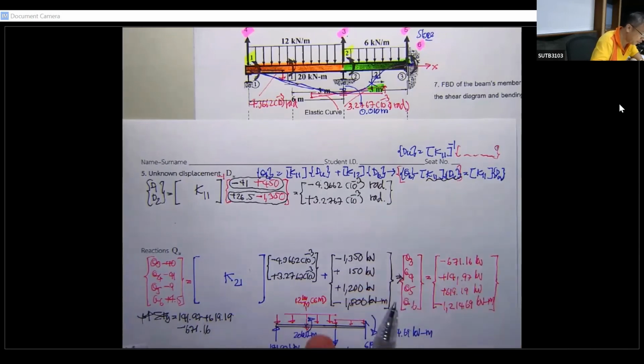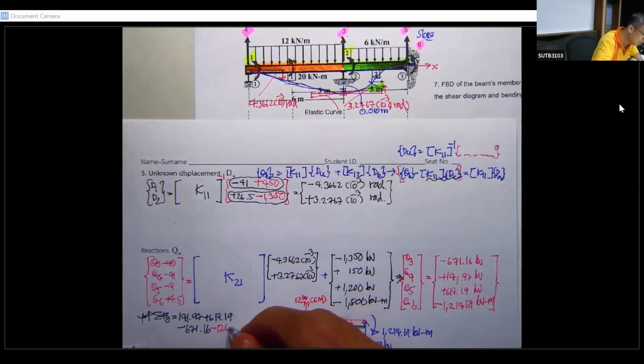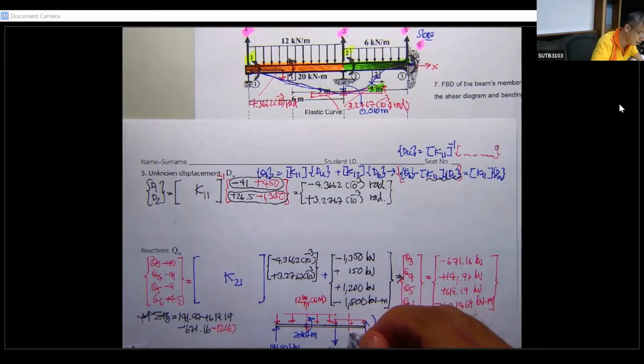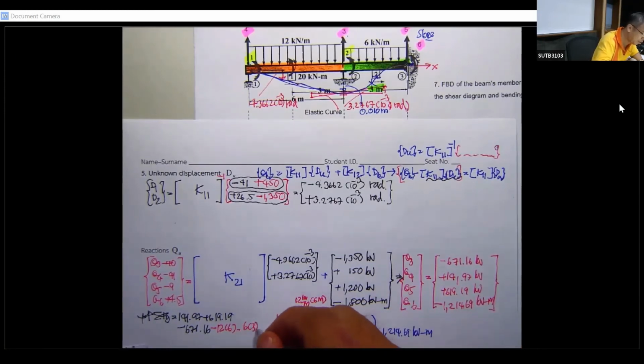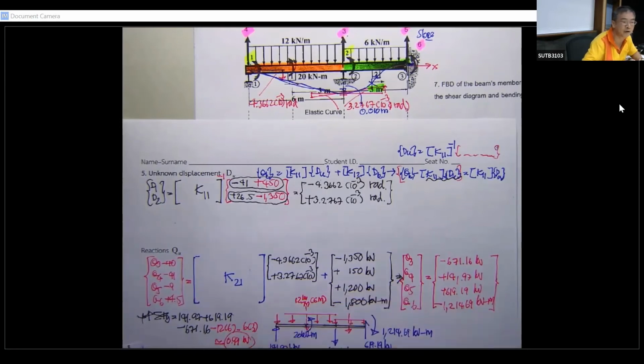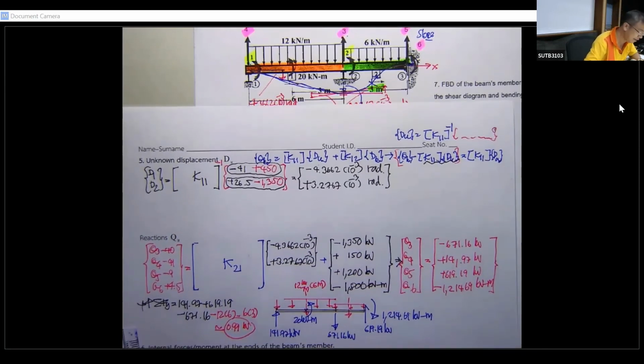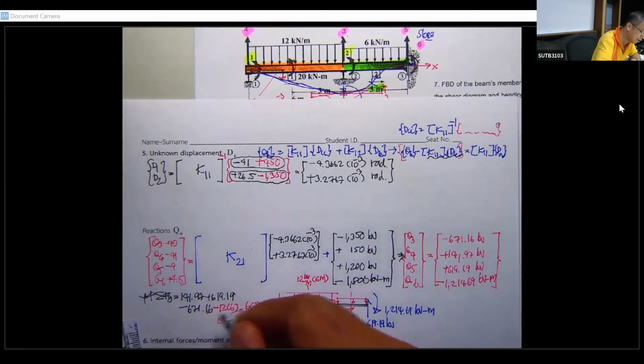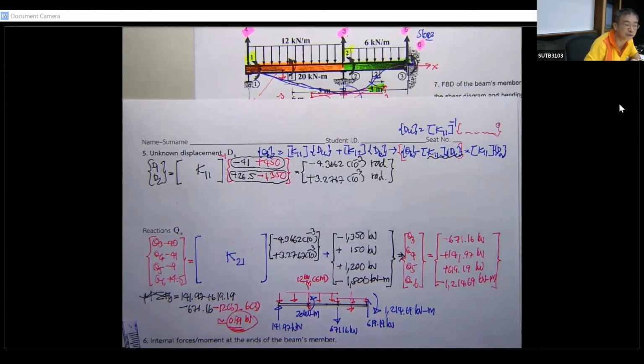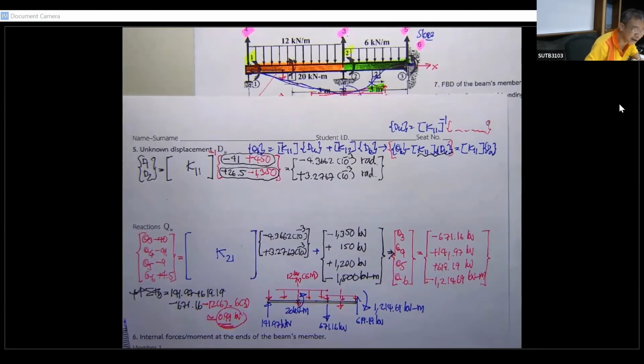So this one is downward, minus, right? Minus 12 times 6, and also you have this one minus 6 times 3. If you do so, you will get this one for 0.99 kilonewton. It may have some error, due to the significant figures that we use in the computation. But not enough, you're going to check another one.